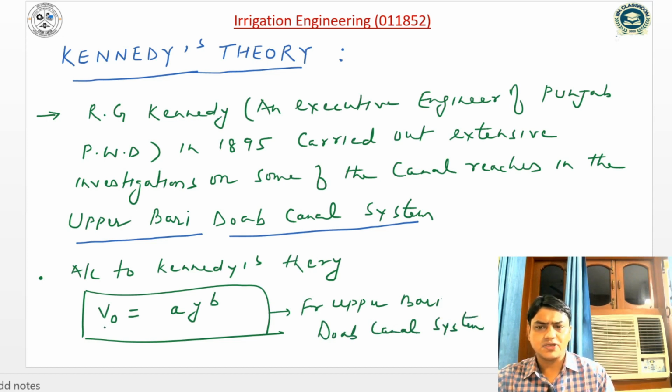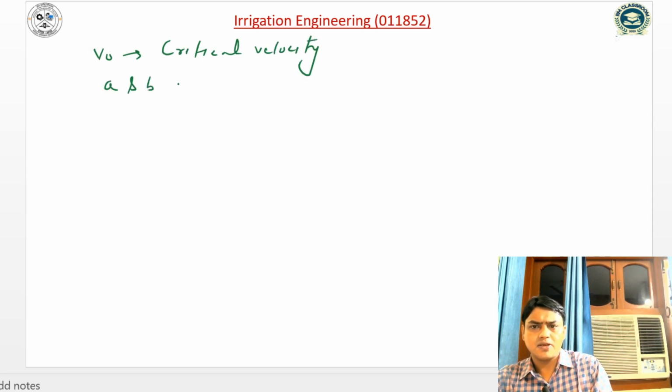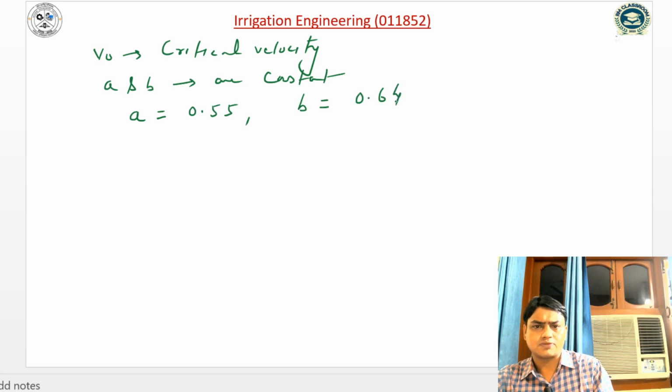Here V naught is the critical velocity. A and B are constants, and the value of A is 0.55 and the value of B is 0.64.